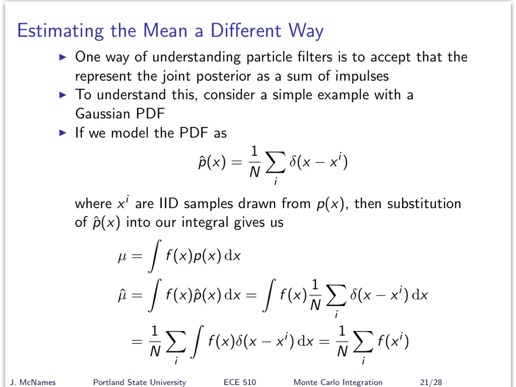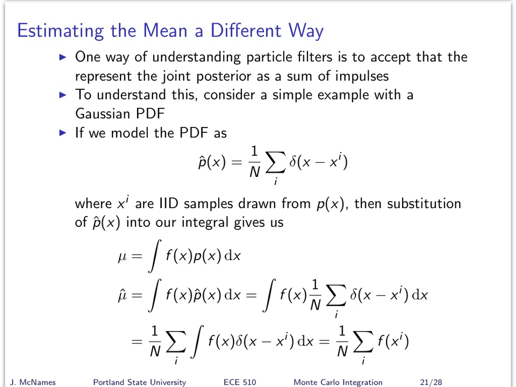And now I'm going to attempt to express the same thing that we just went through from a different perspective using these impulse functions. The key idea here, and this is where it gets really strange and weird, is that instead of thinking about estimating the mean, which is a perfectly proper thing to do, and the mathematicians don't mind if we say we're approximating integrals as sums, fine, there's no problem there.